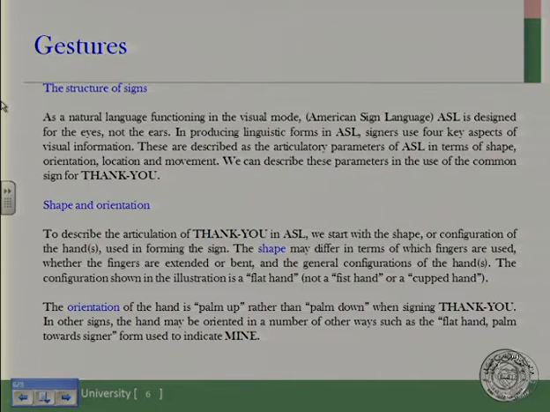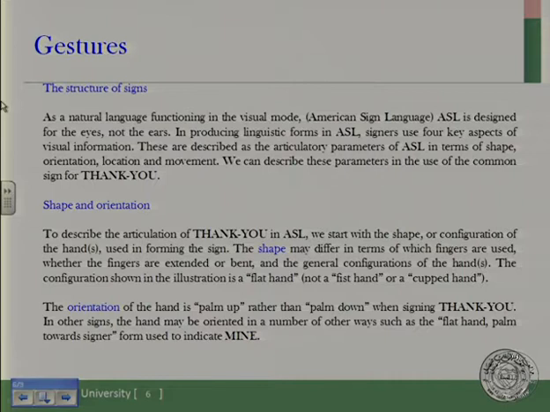The first one is shape and orientation. To describe the articulation of thank you in American Sign Language, we start with the shape or configuration of the hand or hands used in forming the sign. The shape may differ in terms of which fingers are used, whether the fingers are extended or bent, and the general configurations of the hand or hands.